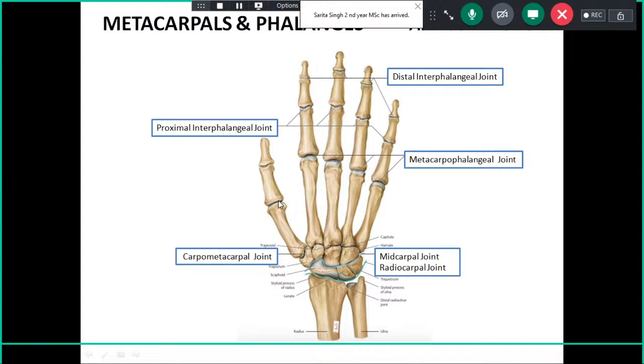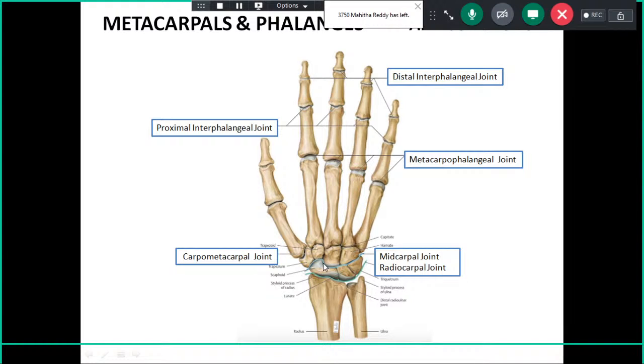Okay, then the metacarpophalangeal joints between the metacarpals and the proximal phalanges, and between the phalanges, the proximal and distal interphalangeal joints. Alright. Now appreciate here the green line between the carpals and the radius. The green line represents the radiocarpal or wrist joint, and the blue line between the proximal and distal rows represents the midcarpal joint.